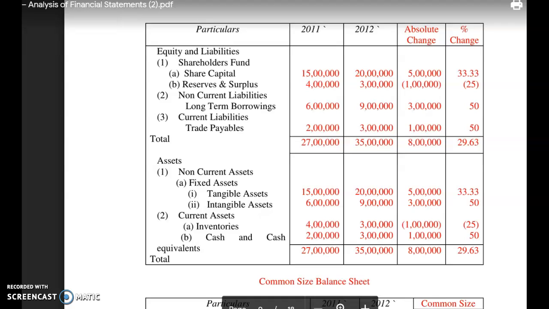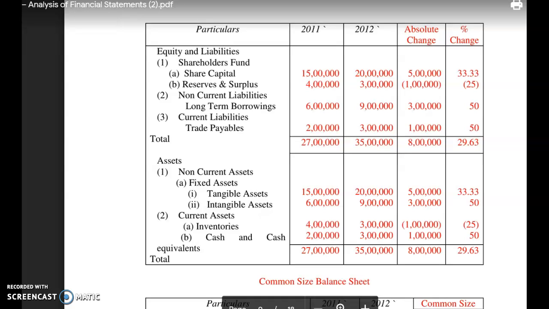Likewise, you have to calculate for the asset side items also. The figures are given in the same way as we calculated for the liability side items. This way we prepare the comparative balance sheet.